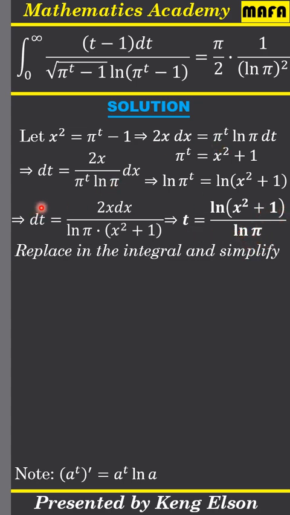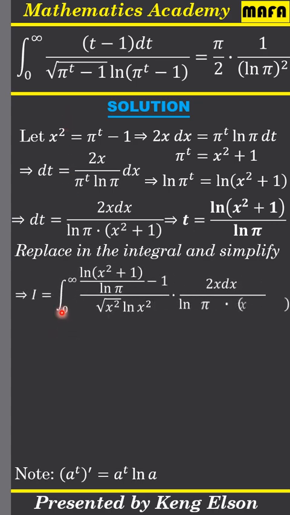We have to replace dt with 2x dx divided by the ln of pi times x squared plus 1. When we do that, we are going to have the integral. Now my new bounds of integration still remain as lower bound being 0 and upper bound as plus infinity.